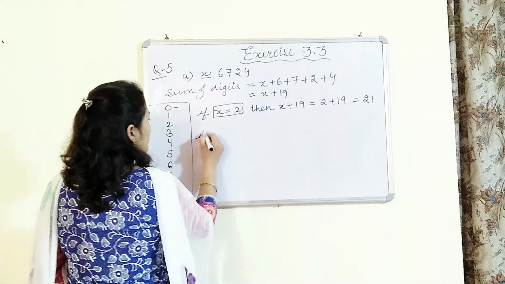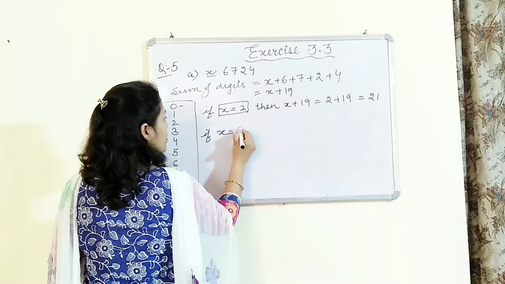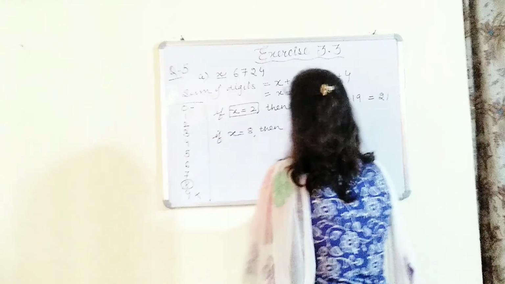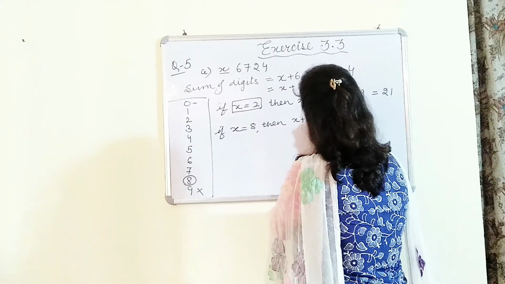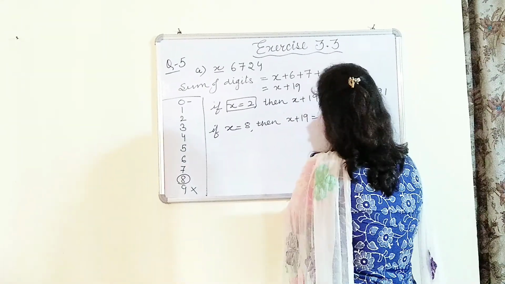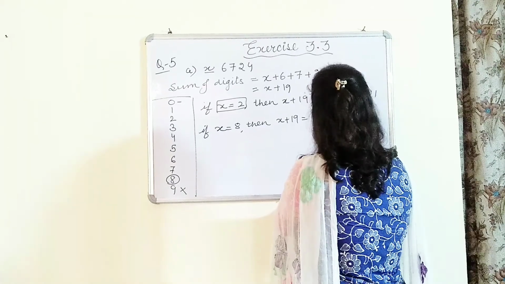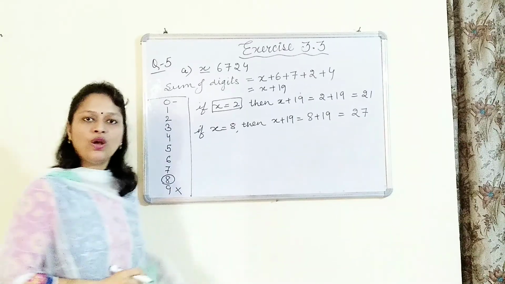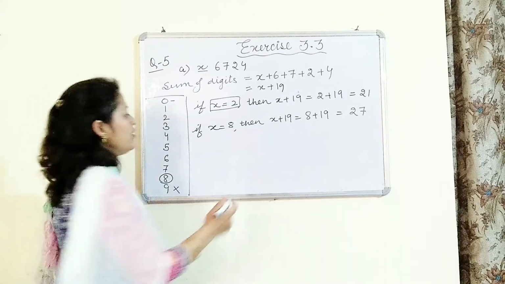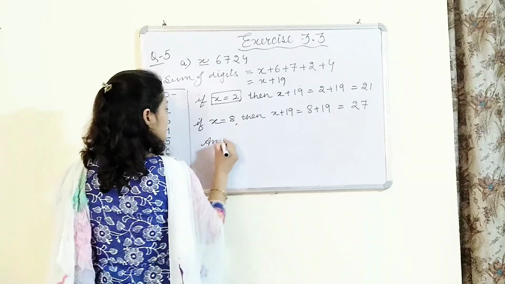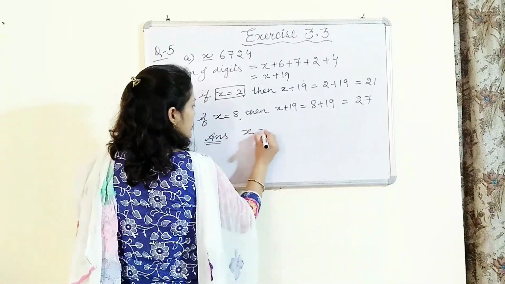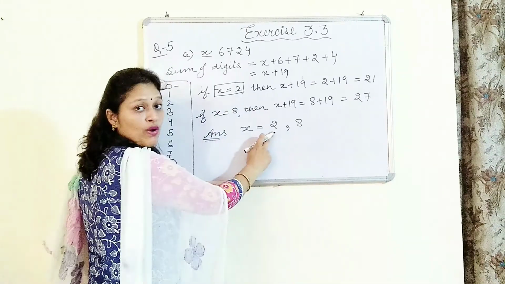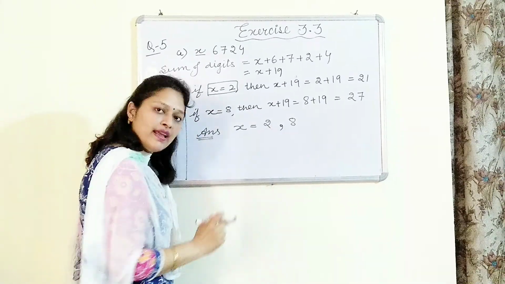So we will write, if x is equal to 8, then x plus 19 will become 8 plus 19 is equal to 27. 27 is a multiple of 3. Okay. So our answer is x is equal to 2 and 8. 2 is the smallest digit, 8 is the largest digit.